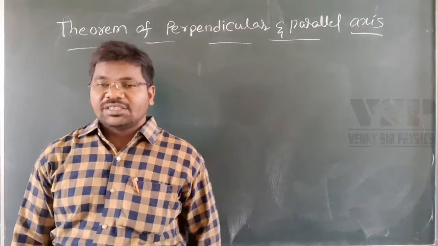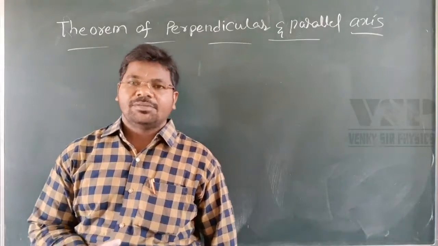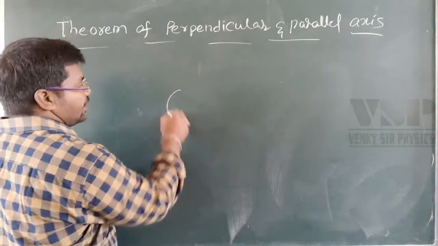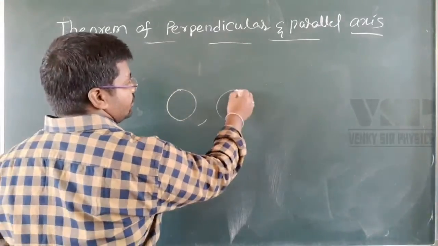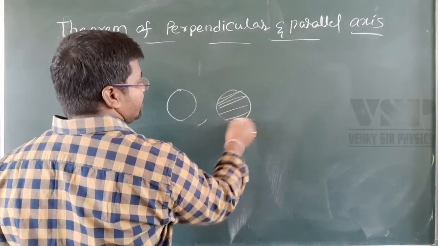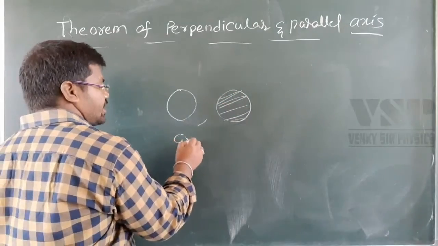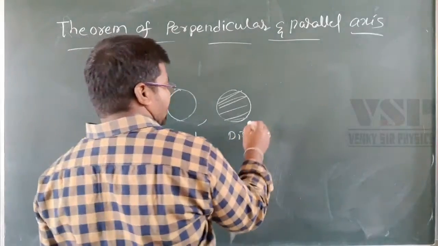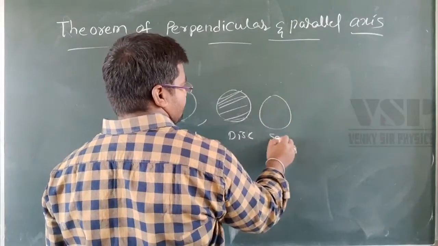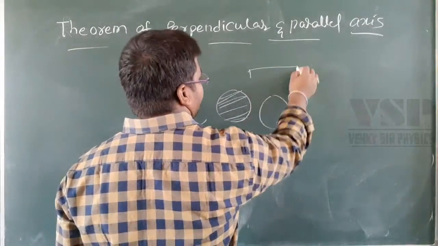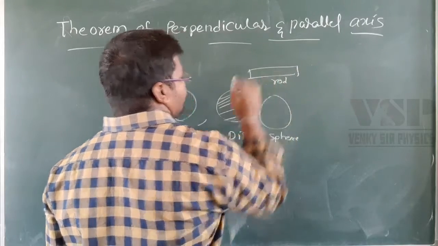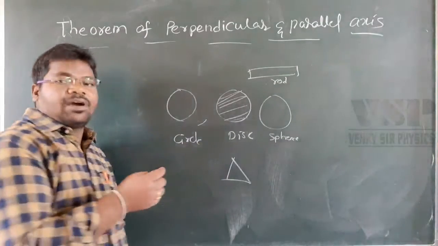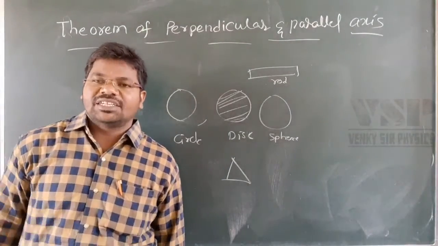We can have a number of rigid bodies with different shapes, like circle, disc, sphere, rod, next triangle. Understand? So these types of shapes and sizes are there.